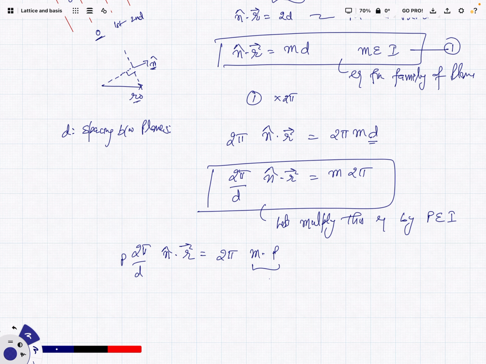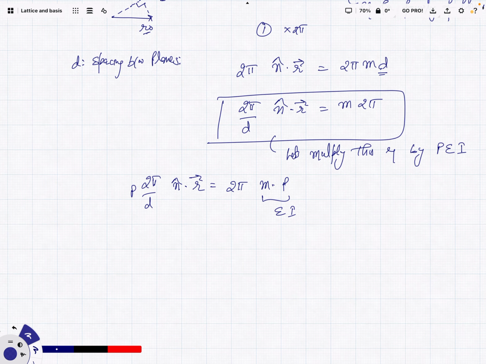So this m into p also belongs to the integers. Now I can take the exponent on both sides, right? If I take e raised to the power i p 2 pi by d n cap dot r, that equals e raised to 2 pi i m p. What is this thing? 1, right? This goes to 1.